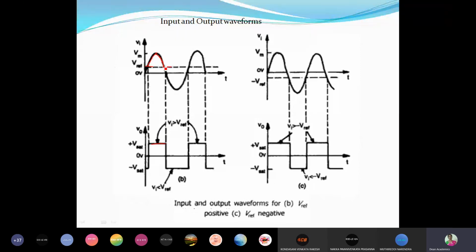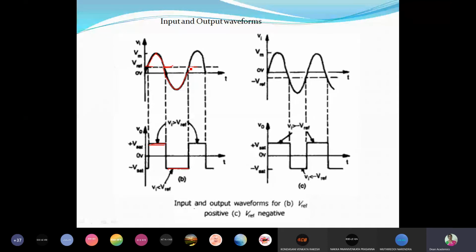From this period to this period, the output will be at plus VSAT. Then when Vin is less than the reference voltage, from here to here, during this entire period the output will be at minus VSAT. Output is at plus VSAT and minus VSAT only because of the high gain of the op-amp.